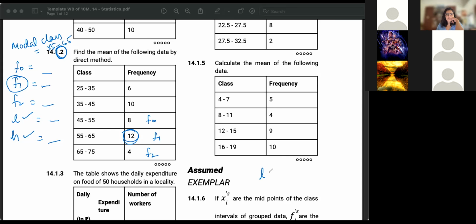So L plus, it should always be 55 plus. And because this is the modal class, it means mode is somewhere in this class, so your final answer should lie between 55 and 65. If it comes out less than this or more than this, there's some mistake there. So that's another level of checking you can apply.